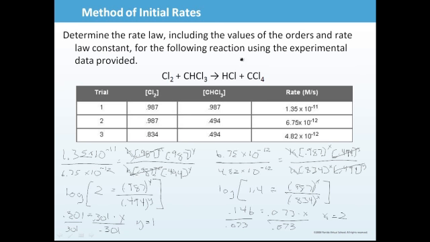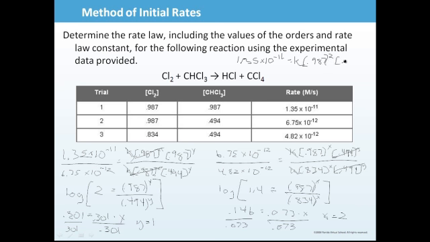It doesn't really matter which one you use, and we're going to plug in all of the values we now have and solve for K. So if we're using the first trial, we've got 1.35 for the rate times 10 to the negative 11, and that is equal to K times the concentration of 0.987 to the second power.